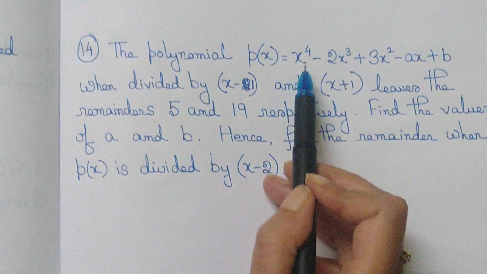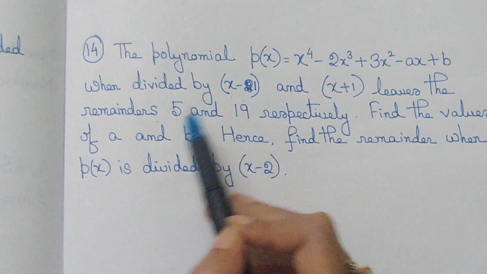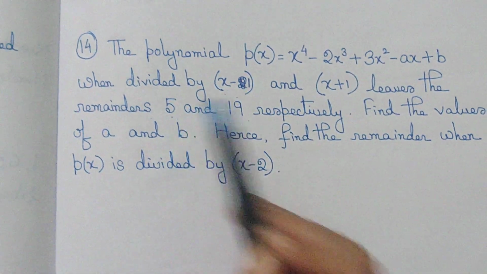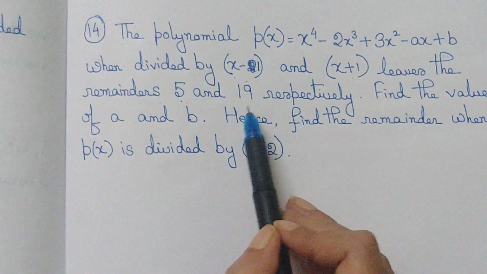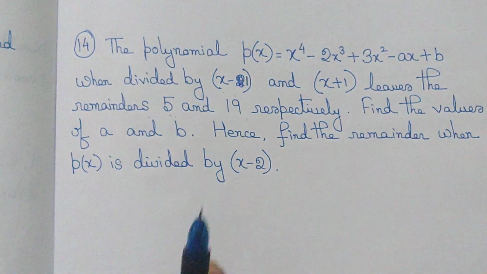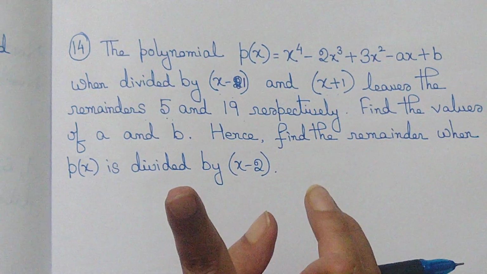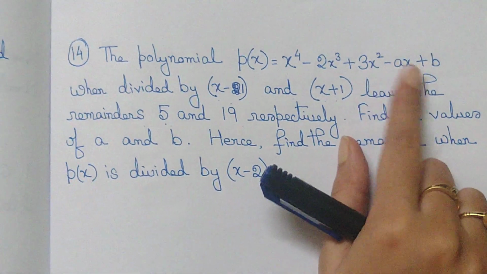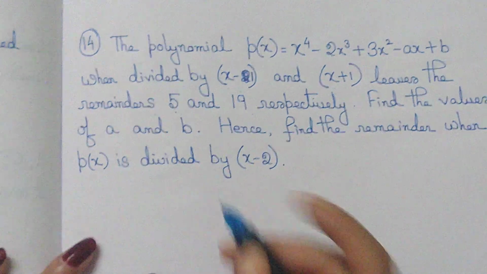That means when p(x) is divided by x minus 1, we get the remainder 5. When p(x) is divided by x plus 1, we get the remainder 19. So we will get two equations, and by those two equations we need to find the values of a and b. Okay, so let's start with the sum.